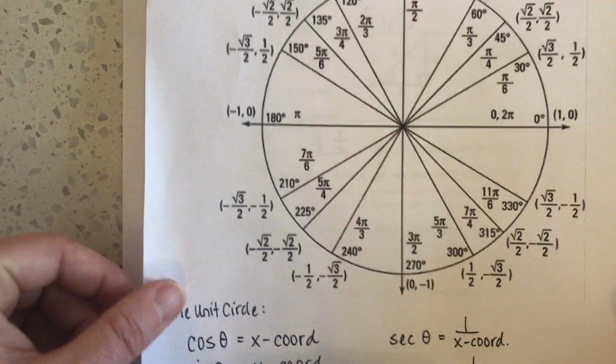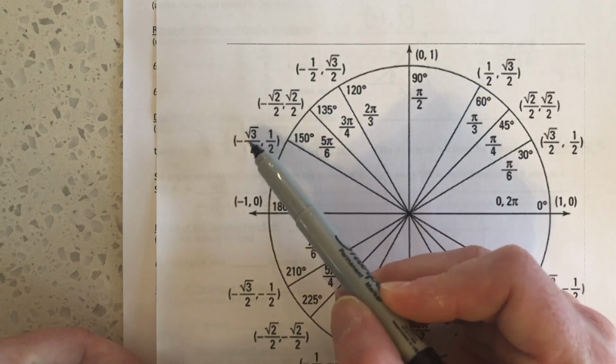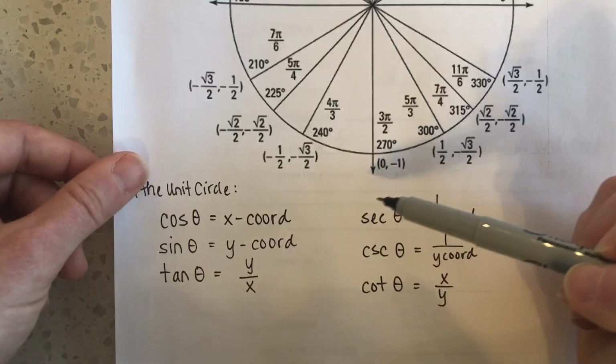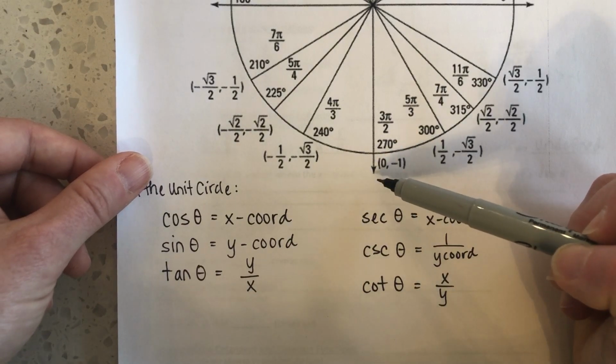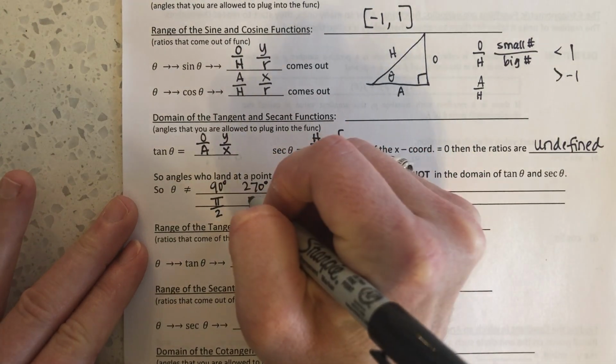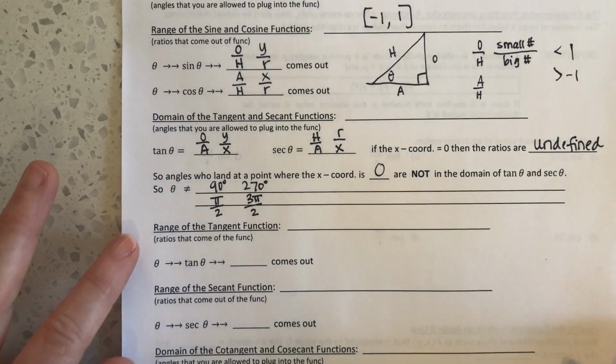Okay, let's go back. What other angles have an x-coordinate of 0? No, no, no, no. Yes, 270 degrees has an x-coordinate of 0. 270 degrees is 3 pi over 2. It's three 90-degree angles, right?